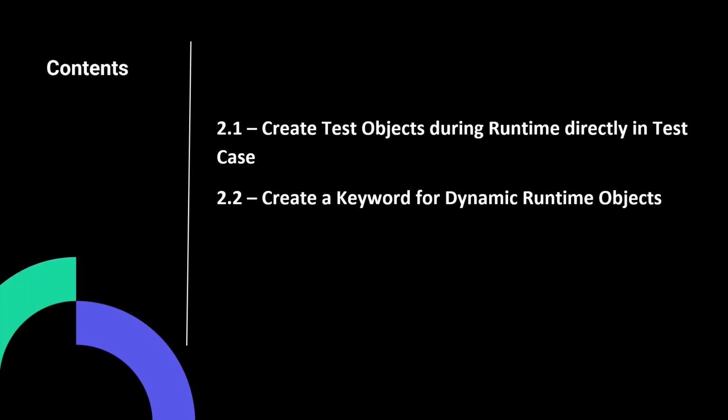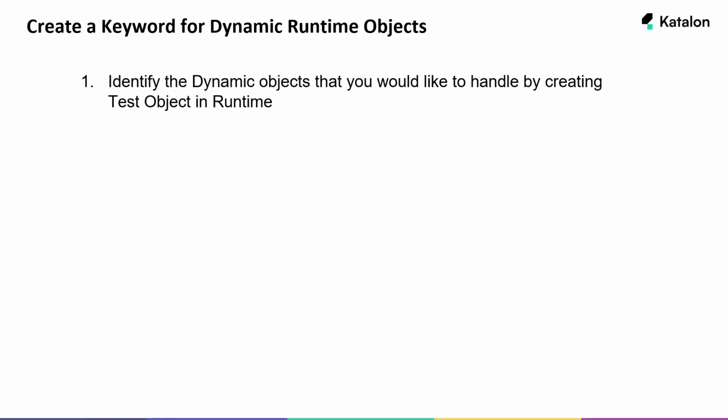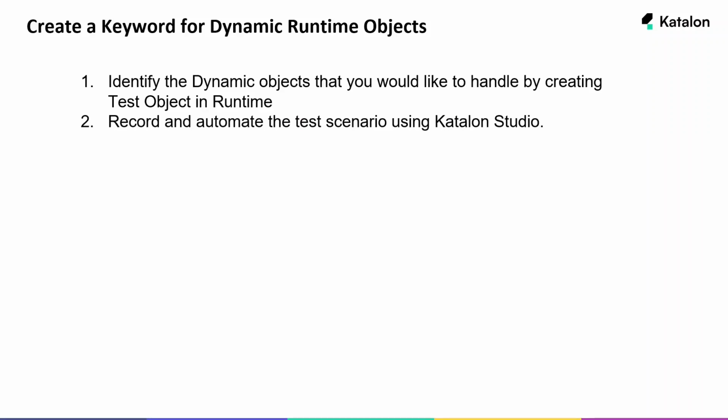As part of section 2 in chapter 2, you learn how we can create a keyword for dynamic runtime objects. Here are the steps we need to follow to create a keyword for dynamic runtime test objects. First, identify the dynamic objects that you would like to handle by creating a test object in runtime, and then record and automate the test scenario using Katalon Studio.